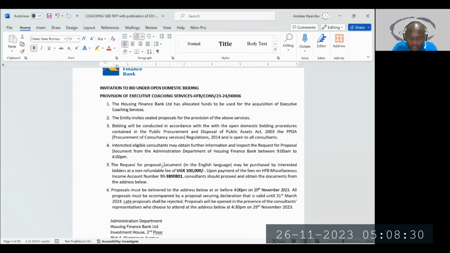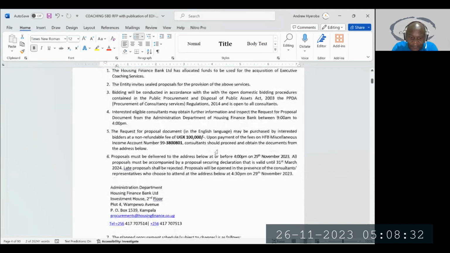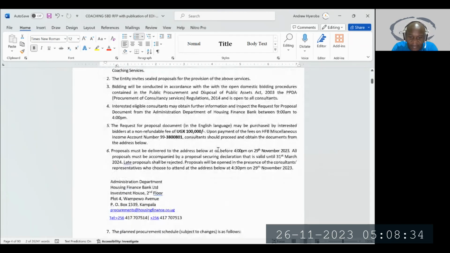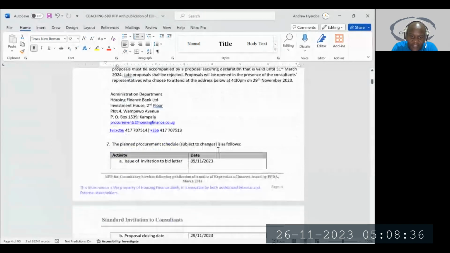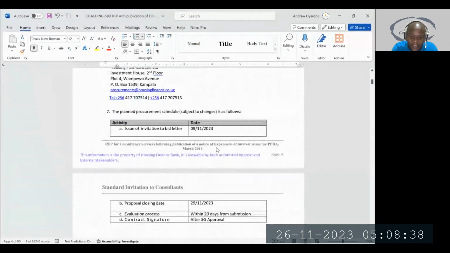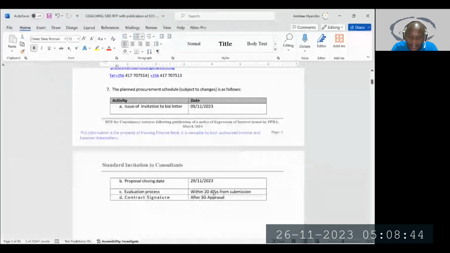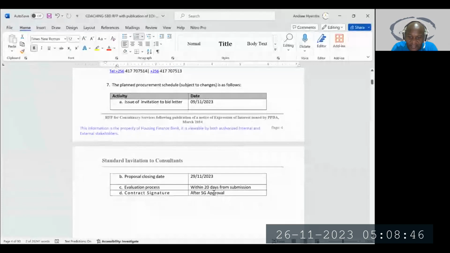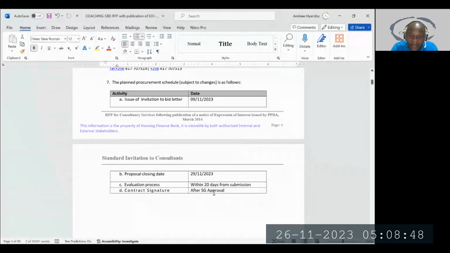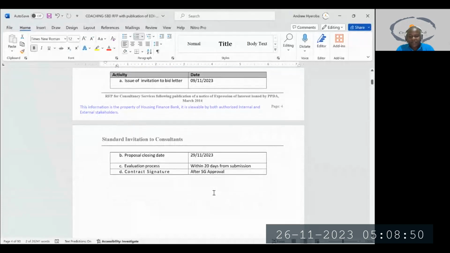So now with that, we know that they say the planned procurement is subject to changes as follows. They've issued the invitation. The closing date is 29th of November, and then they will evaluate at least 20 days from submission. And then you always sign the contract after the Solicitor General has reviewed it and approved it.